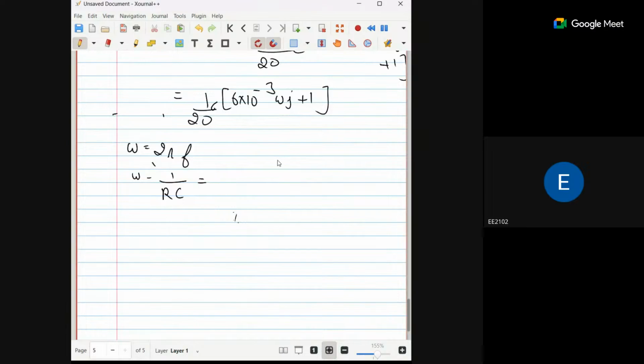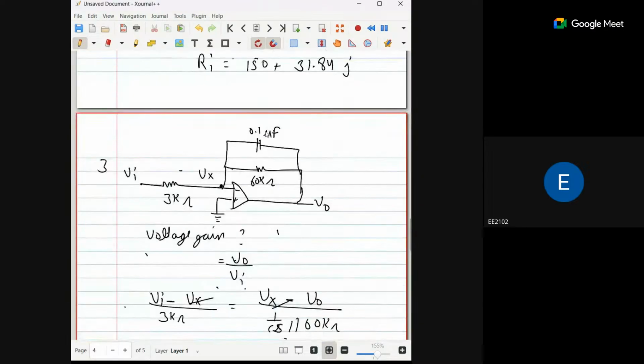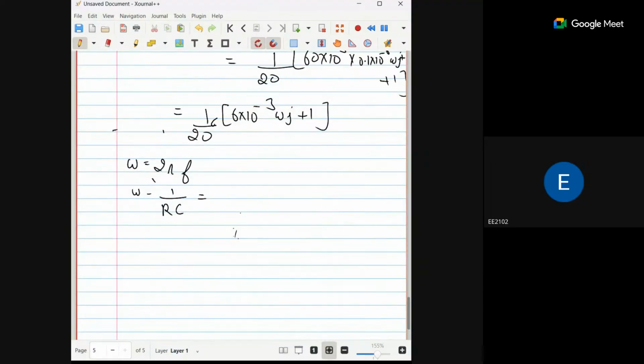So that value of R is 60 kilo ohm and C is 0.1. 1.60, to the 3.6, to the 4, 166, 0.6.